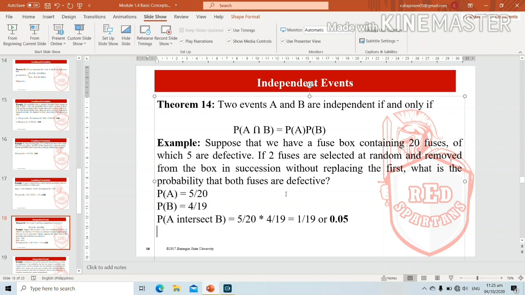Kaya ang magiging sagot kapag with replacing, 5/20 times 5/20 is 1/16 or 0.06. Yun ang ating answer. Pero since sinabi na without replacing the first, kailangan iba na yung probability natin ng second na drawn dun sa box.